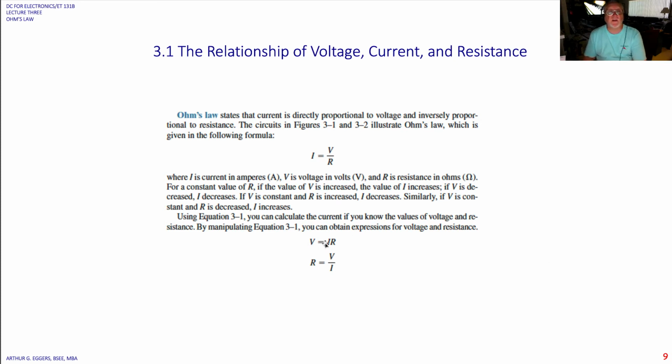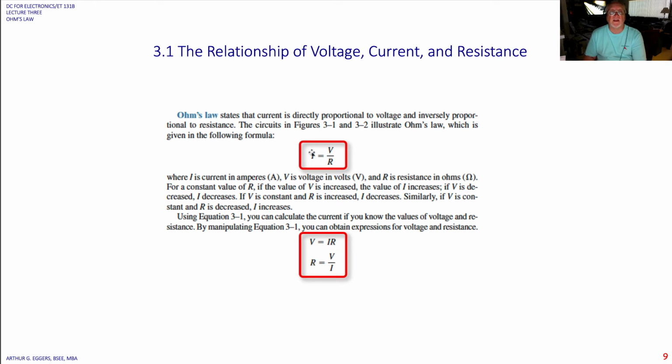So we can see here on the bottom, we've got two more forms of the relationship for Ohm's law. All three of these are Ohm's law. All we're doing is solving for each of the functions individually. On the first one, I equals V over R, if we move the resistance value out of the denominator and into the numerator on the other side, we now can solve for voltage. Voltage is equal to current times resistance.